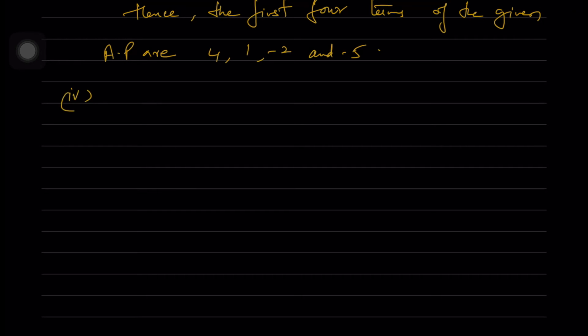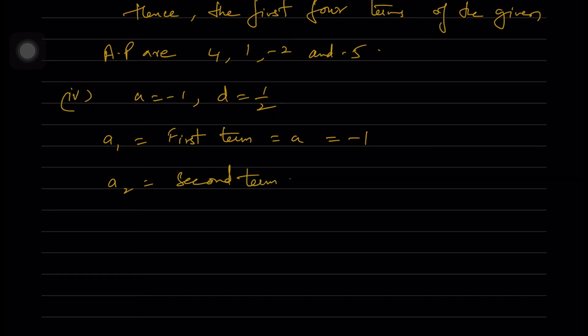Next, going into the fourth one, a is equal to minus 1, d is equal to half. First term is equal to a, which is equal to minus 1, that is a1 is equal to minus 1. a2 is equal to the second term, which is equal to a plus d, which is equal to minus 1 plus d.